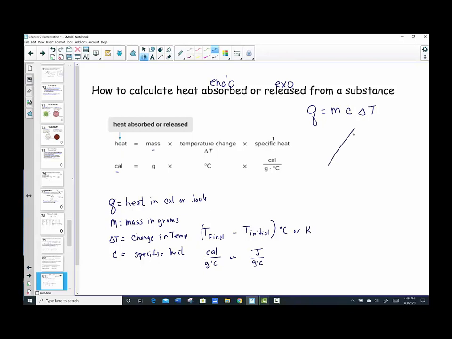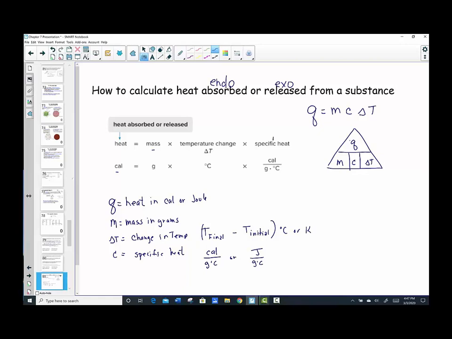I have this nice little tool that helps me remember. Draw this with me and it will help you with the algebra. Here's Q on the top, and I can find Q by multiplying m times c times delta T. This allows me to use this little visual where I can cover up the variable that I want to solve for and see the relationship to the others.